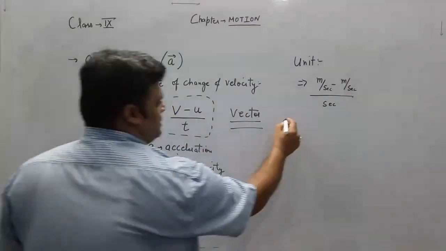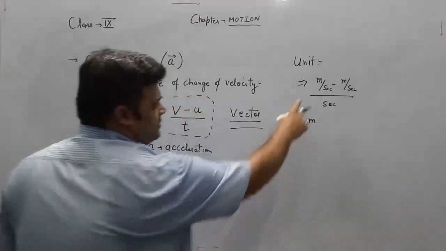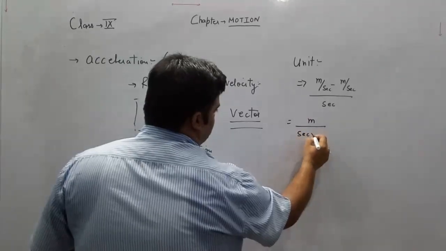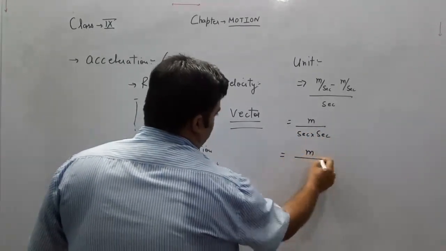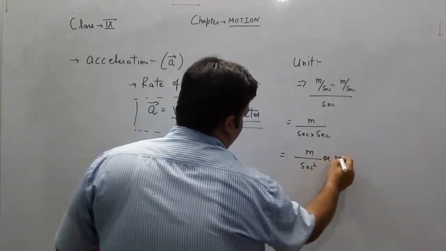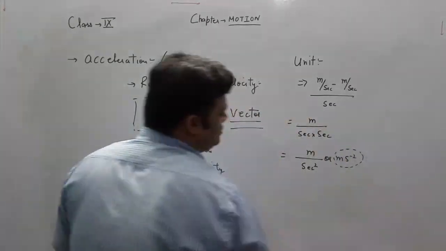That means the unit for acceleration will be meter per second divided by seconds, that is meter per second square.